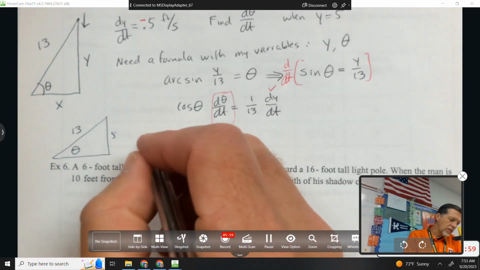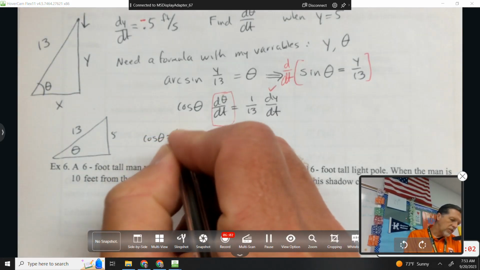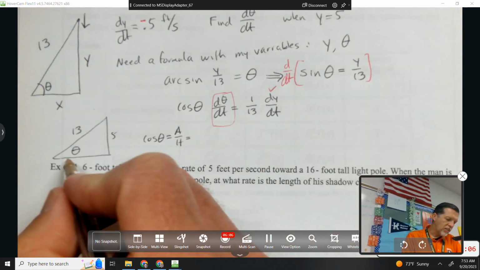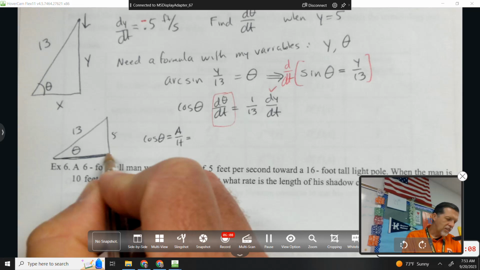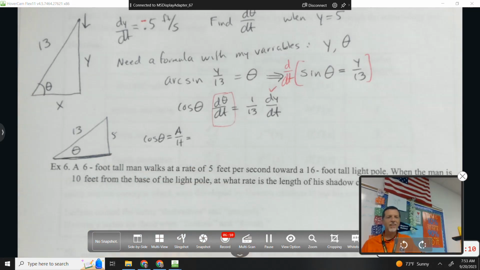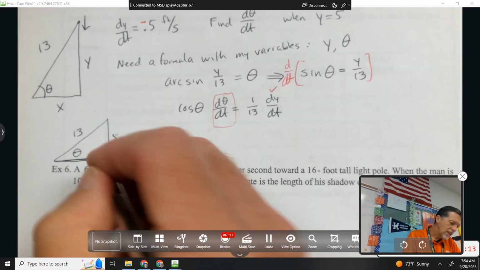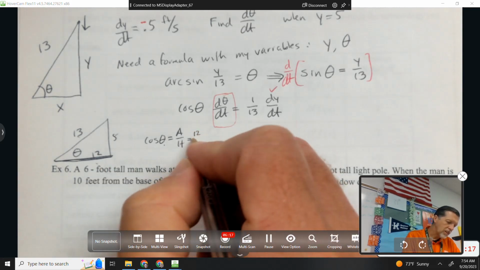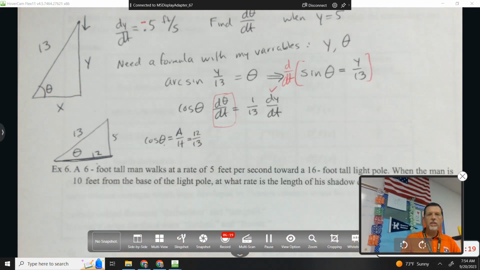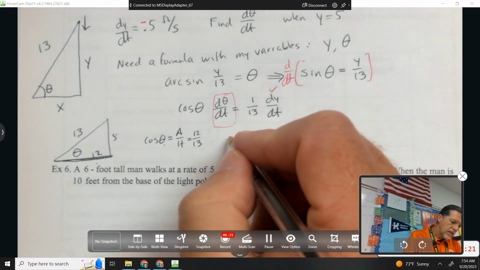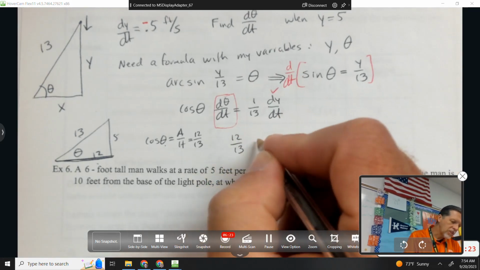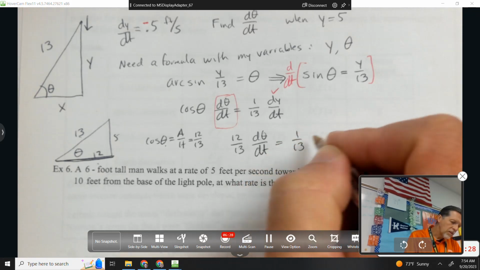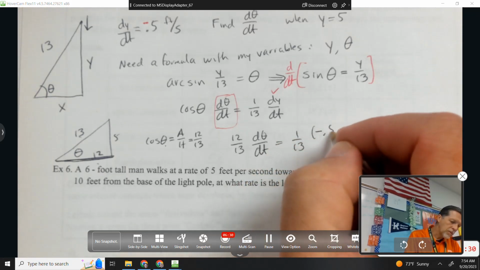Cosine of the angle is adjacent over hypotenuse. What's my adjacent side? It's the same triangle from yesterday: 5, 12, 13. So the cosine of that angle is 12/13. So 12/13 is the cosine of the angle. d theta/dt is what we're looking for. 1/13 times negative 0.5.